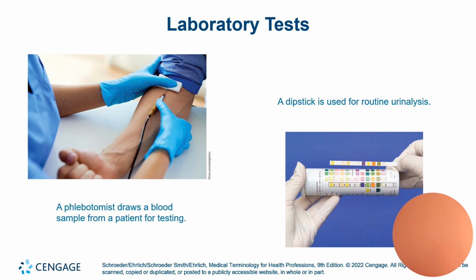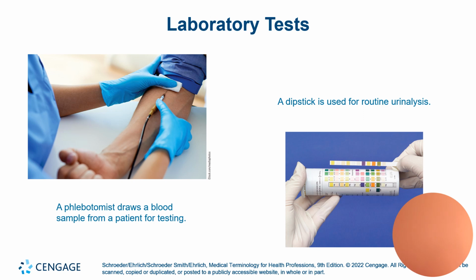We can do a basic metabolic panel, or a BMP, sometimes referred to as a profile 8, which is basically a group of 8 specific blood tests, which identifies the current status of the kidneys, the electrolyte balance, the blood sugar, and calcium levels.